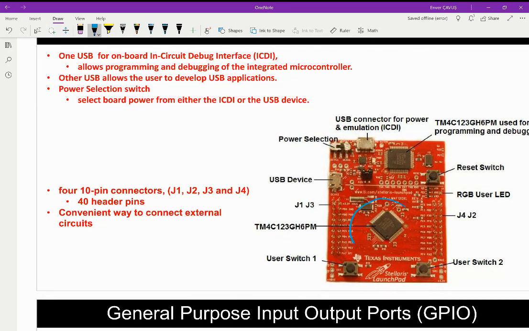So here is our LaunchPad card that we have seen previously. So here is our microcontroller. In this video, what we will learn is how we can configure these GPIO pins or parallel ports so that we communicate with the external world, the inputs and outputs on the card.